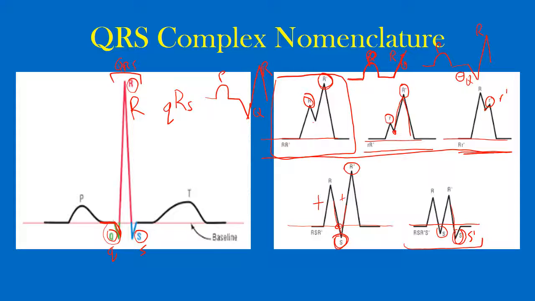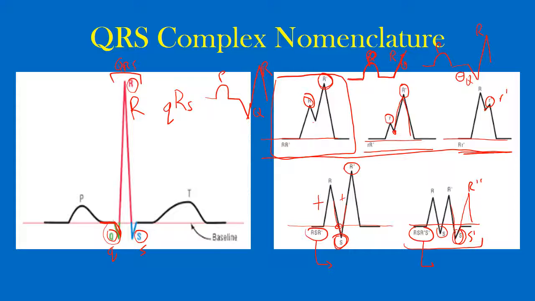Now imagine that we also had another wave that came up again. We would call this R double prime. So how you read these complexes, it's an RSR prime complex, and this would be an RSR prime S prime complex.